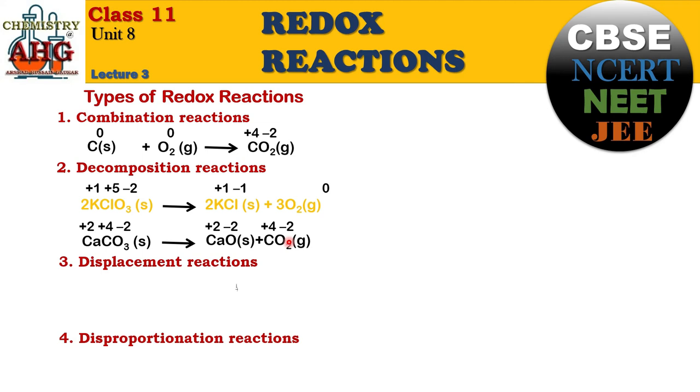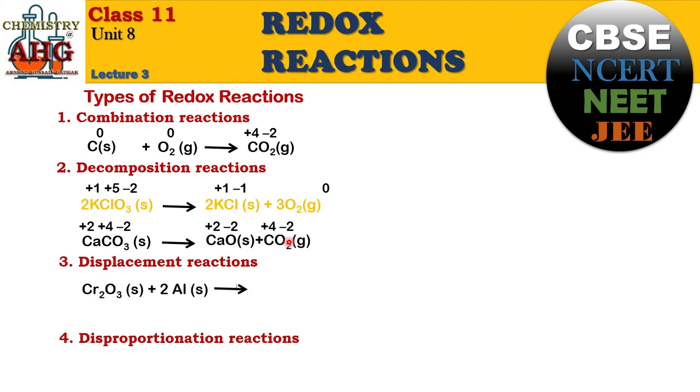In both these cases, whether a more reactive metal displaces a less reactive metal or a more reactive non-metal displaces a less reactive non-metal, the displacement or substitution reaction would be a redox reaction. I am giving you an example.